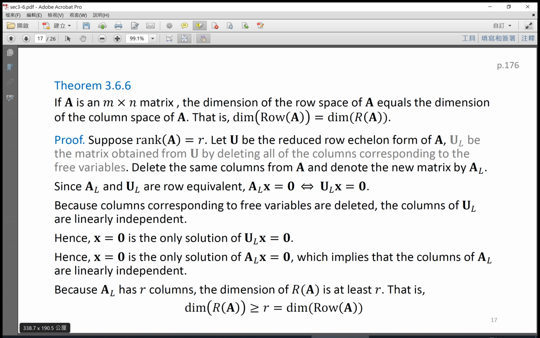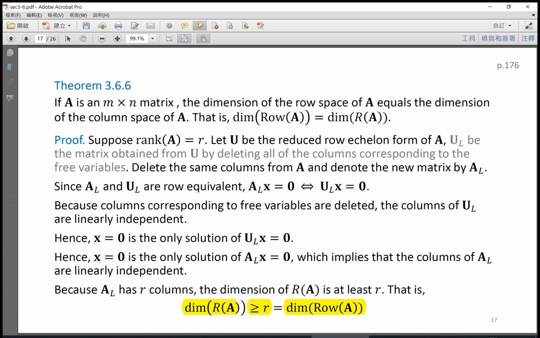Because AL has R columns, the dimension of the column space is at least R. To see this, note that the definition of the column space is the collection of all linear combinations of column vectors of A. So if AL has R linearly independent columns, then the dimension of the column space is at least R. We have proved the dimension of the column space is greater than or equal to R. R is the dimension of the row space.